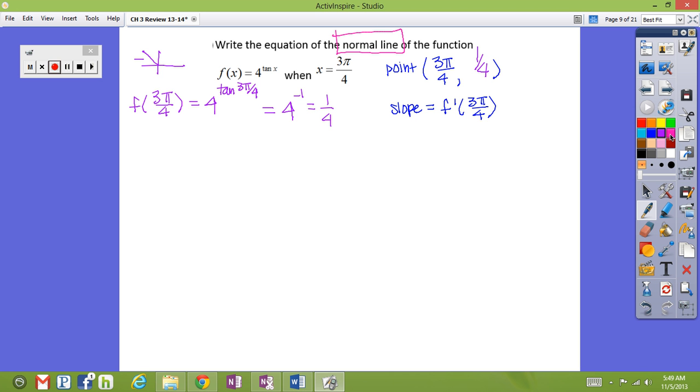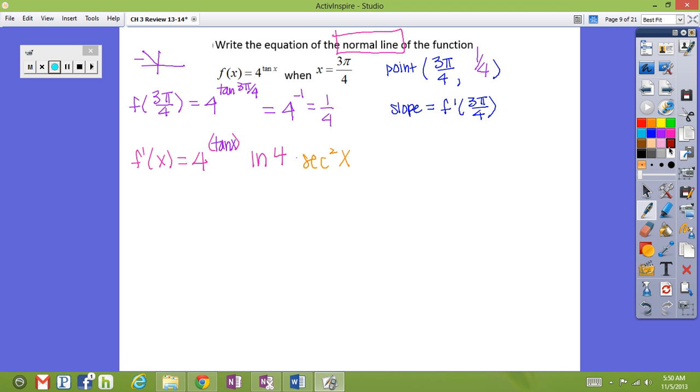The next piece I'm going to need is the derivative. The derivative of a to the u would be a, which is 4, to the u, ln of a. So that's the derivative of the outside. Leave the inside the same. Multiplied by the derivative of the inside, which is secant squared of x.